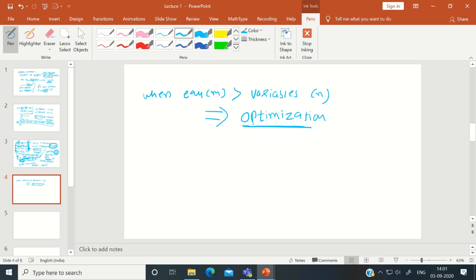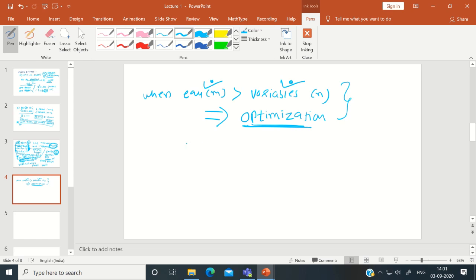So when you study any problem in your BTech or MTech or PhD study, and if you realize that the number of equations of your model is more than the number of variables, then you have to formulate that problem as an optimization problem, and use an optimization method to solve it.